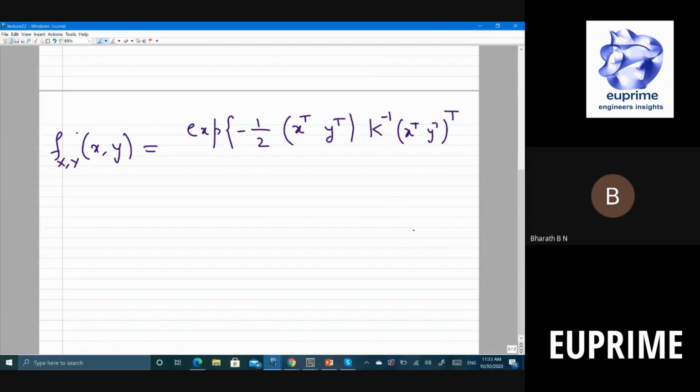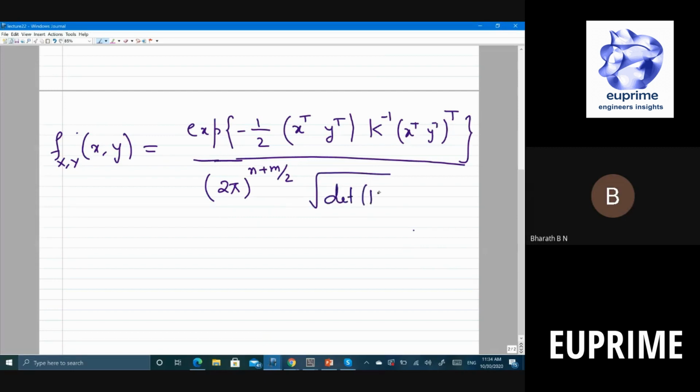This is the exponent, divided by 2 pi power the number of terms, so you have (n plus m) by 2, because x is of dimension n and y is of dimension m, times the square root of the determinant of K. Is this fine? Yes, sir.